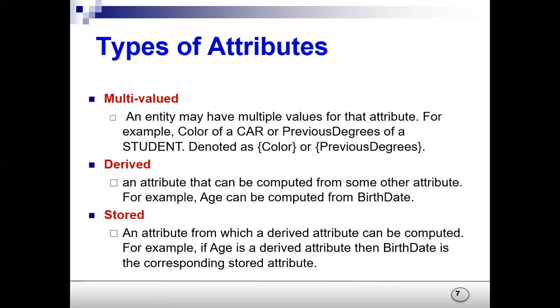Similarly, if you think of the attribute color of a car, that color can be different. It may be silver, white, black, blue or something. So more than one value can be there, and it is known as multi-valued. Clear? Multi-valued attribute. Is anyone not clear?